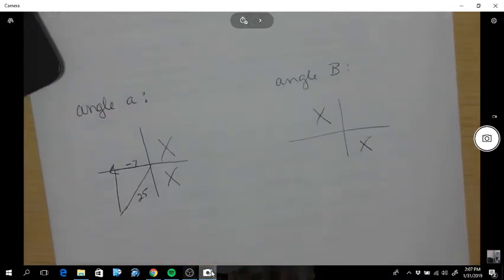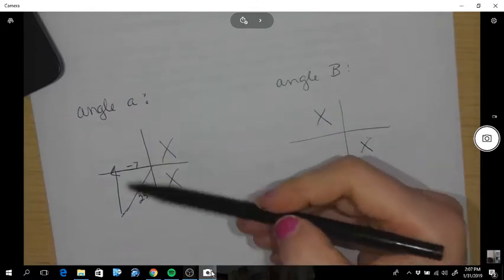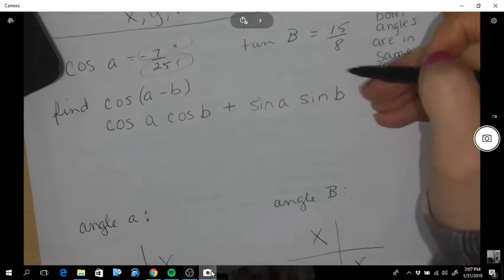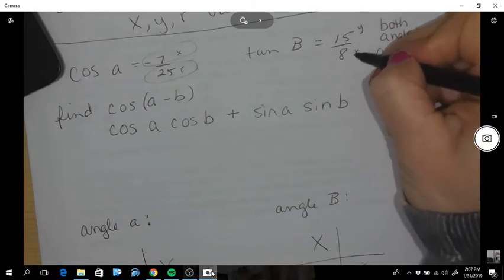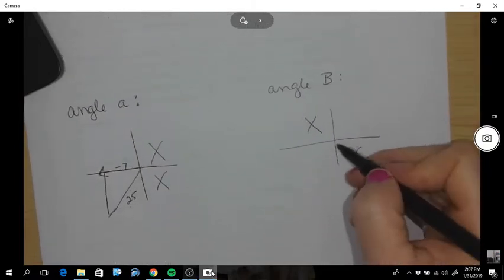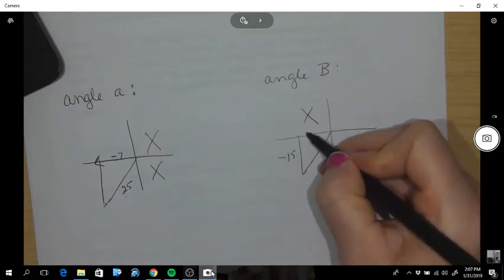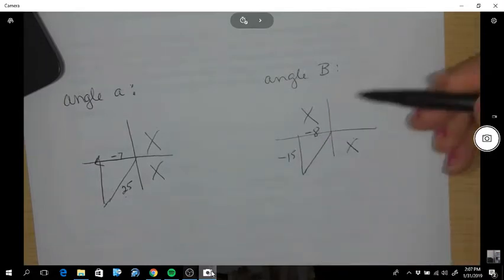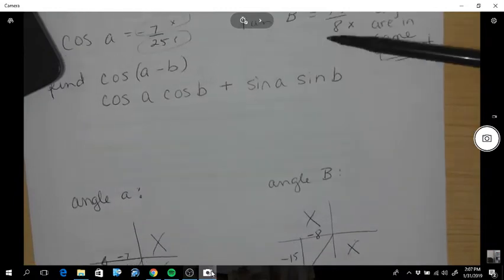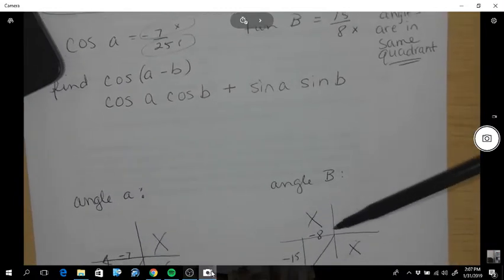So negative 7, 25, I know my x and my r, and tangent gives me my y value over my x value, so y is going to have to be negative 15 and x is going to have to be negative 8, right? And that's how you obviously get a positive fraction, negative, negative.